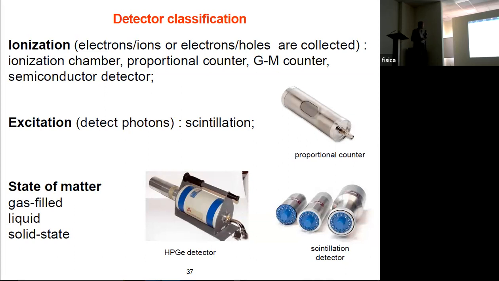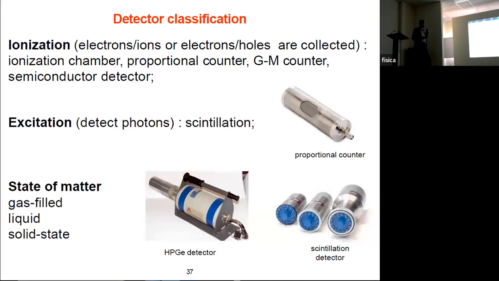And we also can write one of the simplest categorizations of detectors. We can divide them by the state of the medium: gas-filled detectors, liquid detectors, and solid-state detectors. Here are some examples of how detectors look.